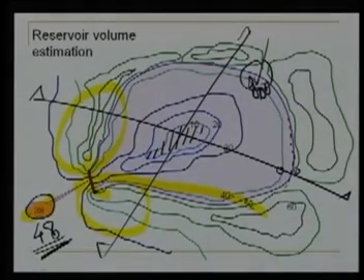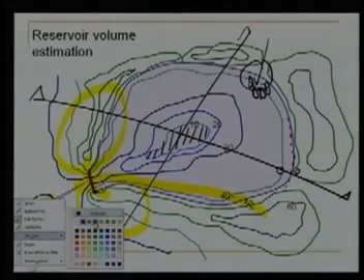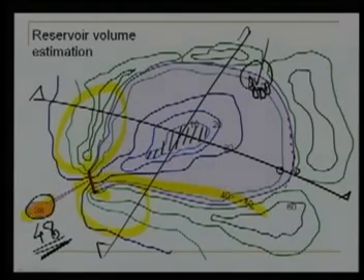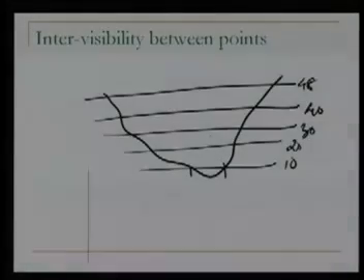This is the area of the contour for 10 meter. Now for 20 meter, this is the area of the contour for 20 meter. So we know the area of 10 meter, and we know the area of 20 meter.